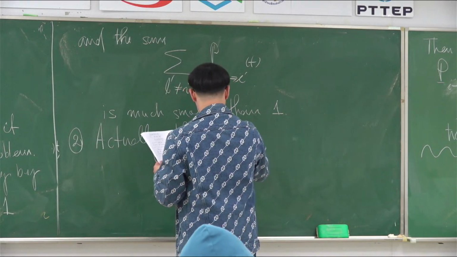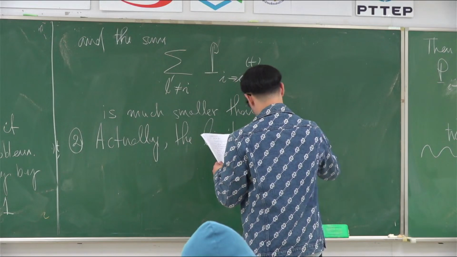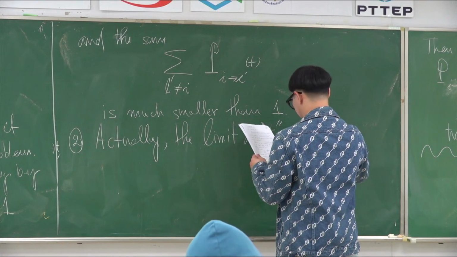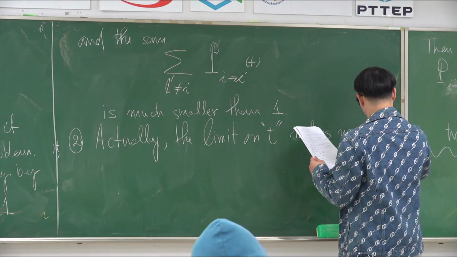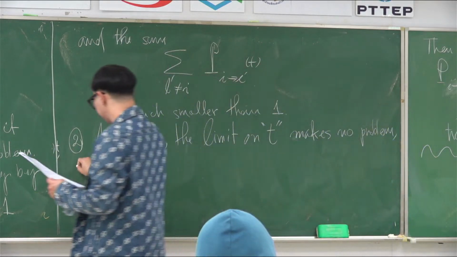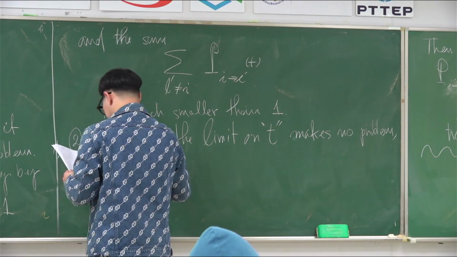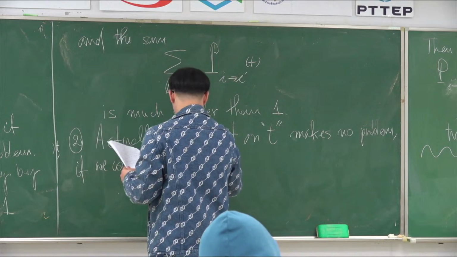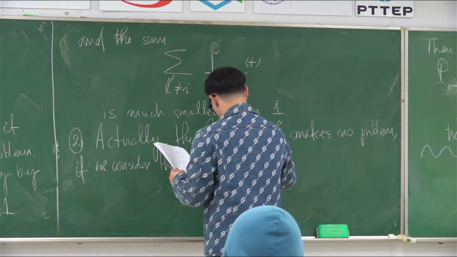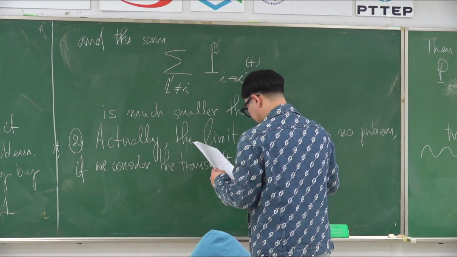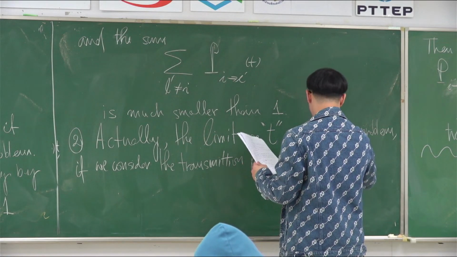Okay, the second point. Actually, the limit on t makes no problem if we consider transition probability per unit time.